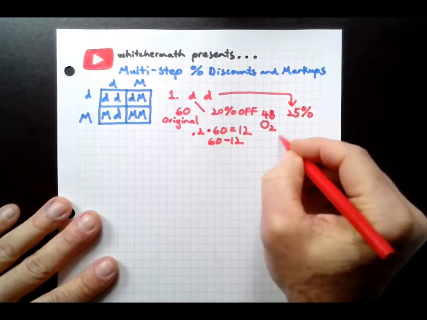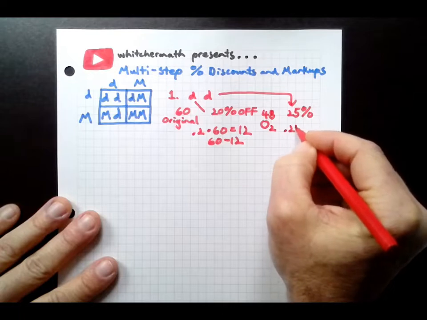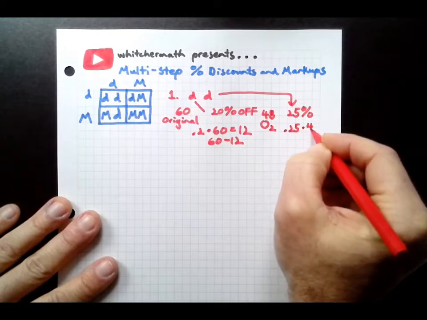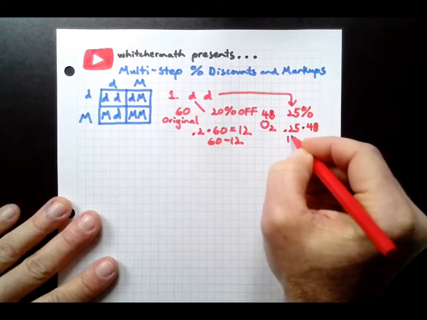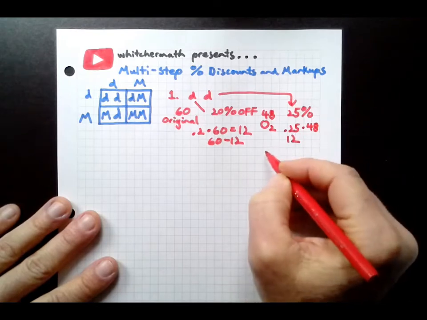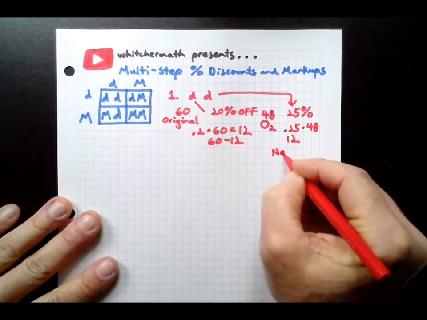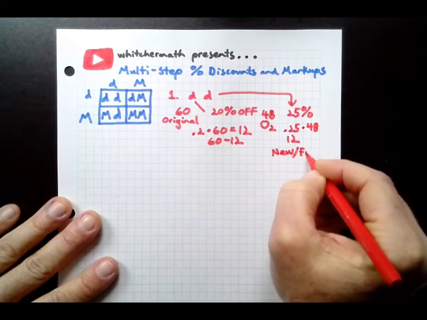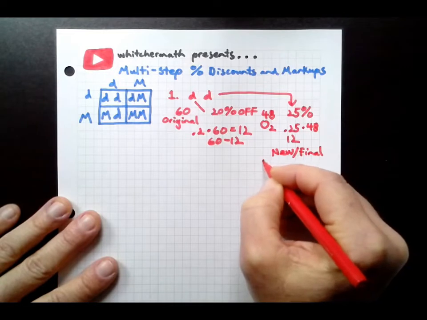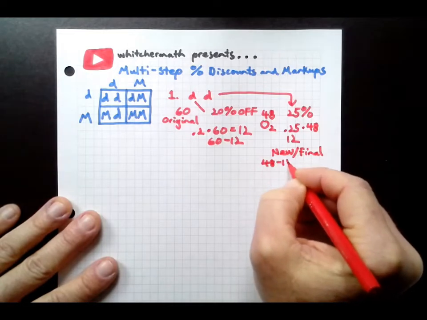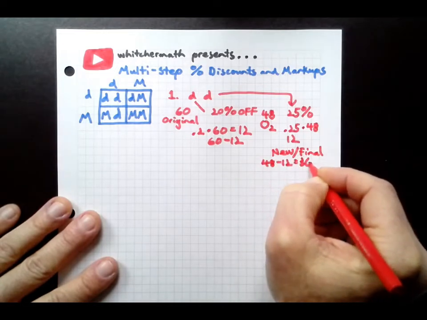I figure out what is 25% of 48, and the answer is 12. I take that off of 48, and I get the final new number, which is 36. 48 minus 12 is 36.